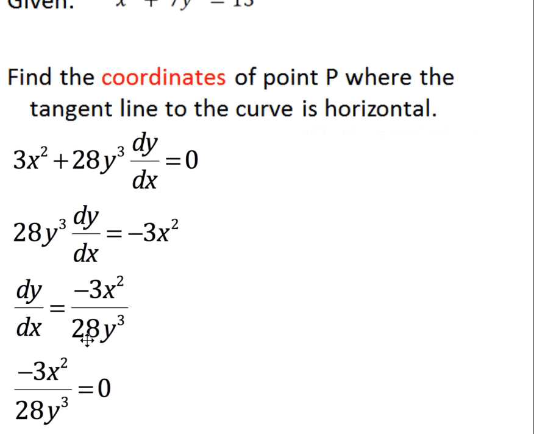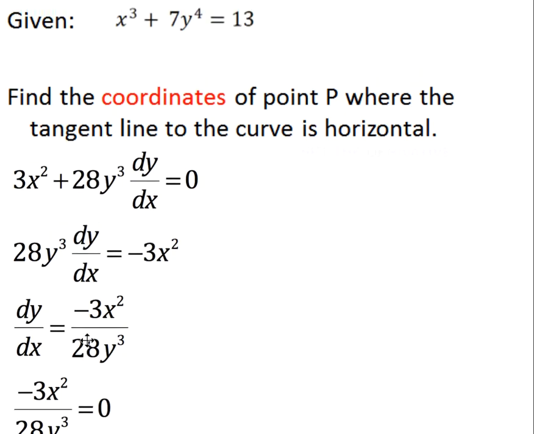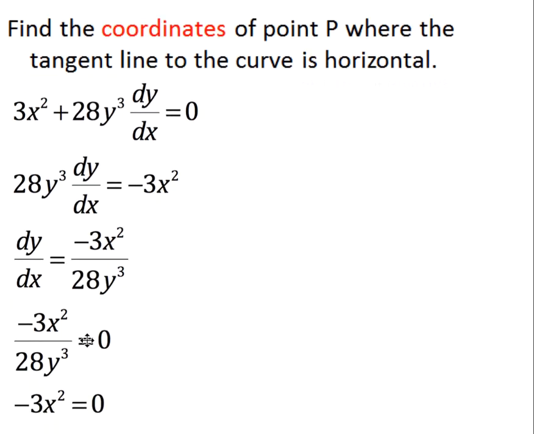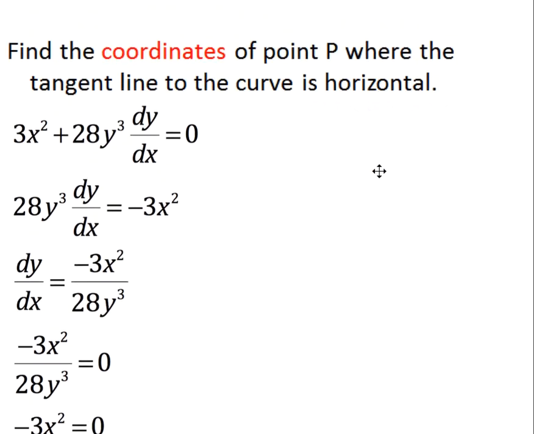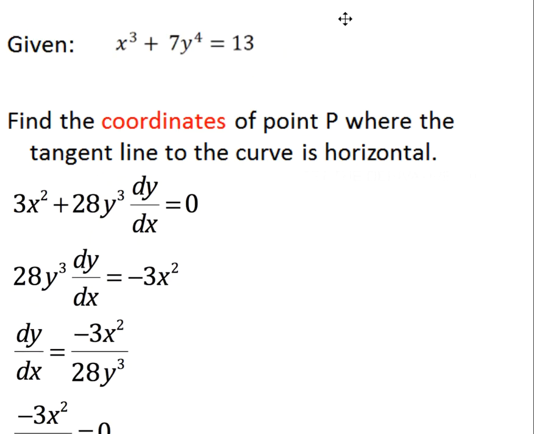But if you go back to the question, it says find the coordinates of point P. So all we have found right now is the x value. Okay, so we need to find the y value. How do we find the y value? We need to plug 0 into this equation.